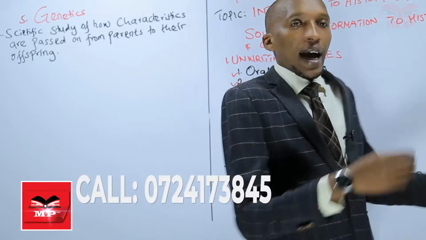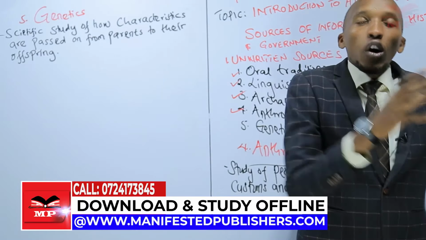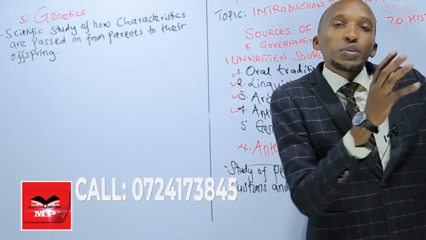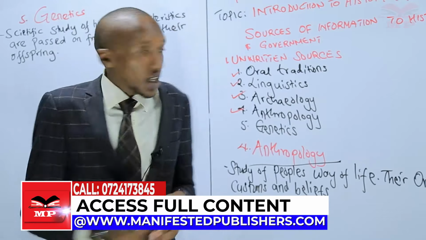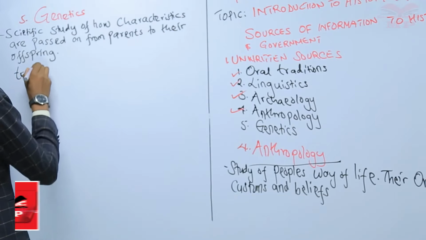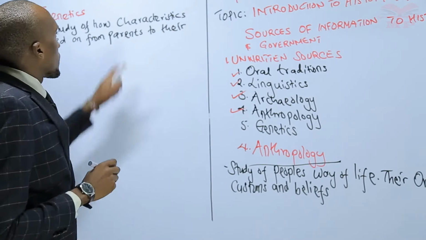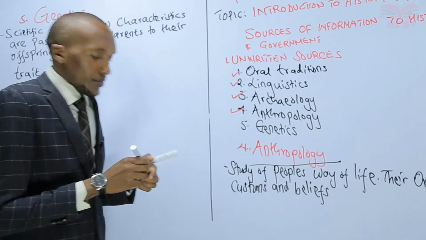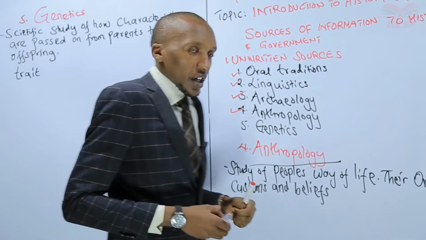As creatures, both animals and plants, you'll find that the offspring will get specific characteristics or traits, right? A characteristic can also be referred to as a trait. Let's use an example of a human being.